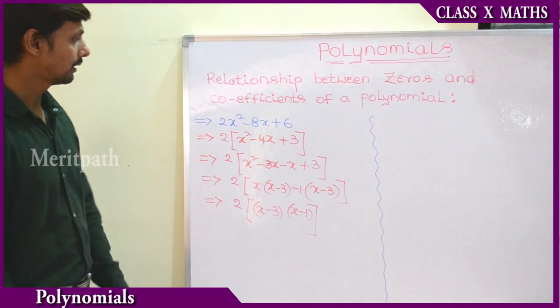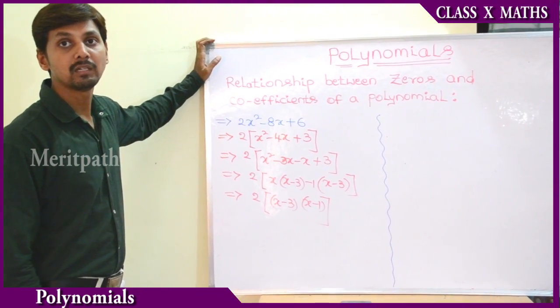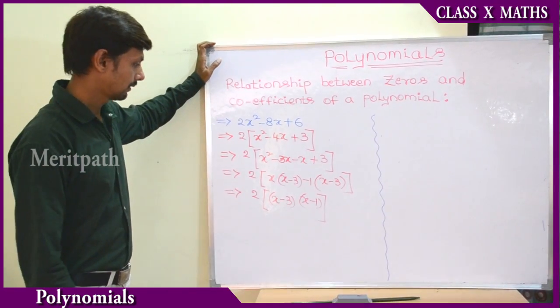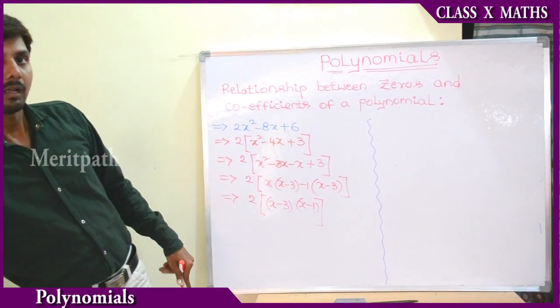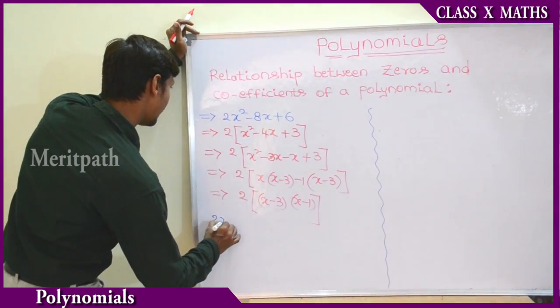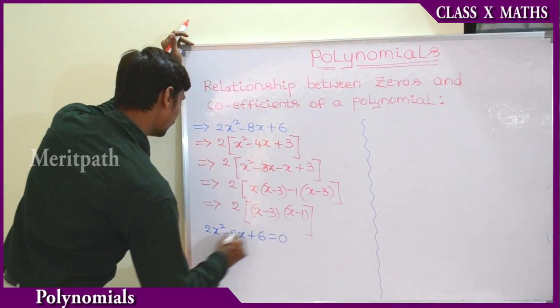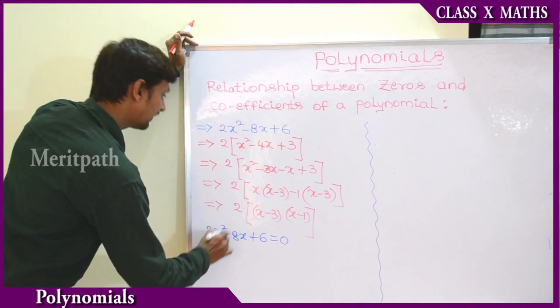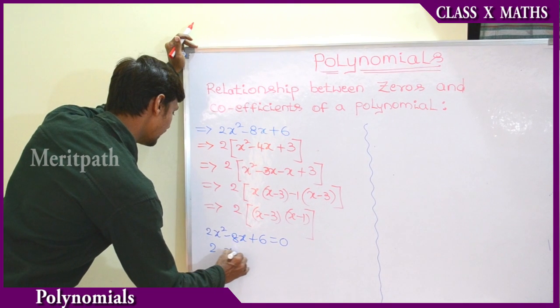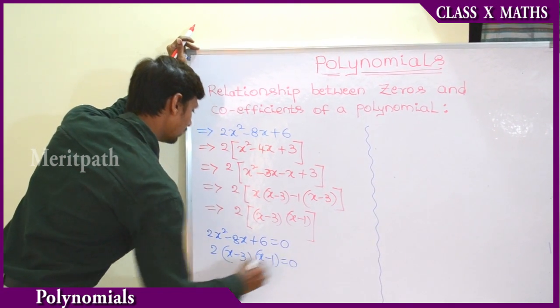These are the factors. If we take this polynomial equal to 0, then 2x squared - 8x + 6 = 0. Then after simplification we get 2 into (x - 3)(x - 1) = 0.